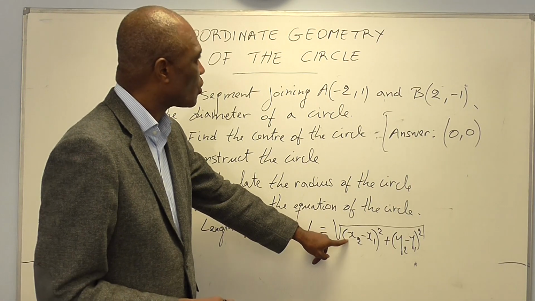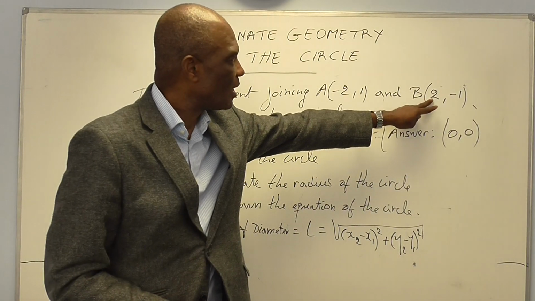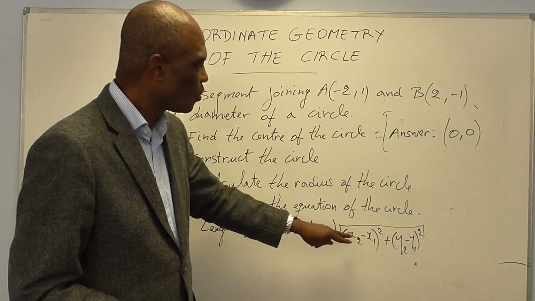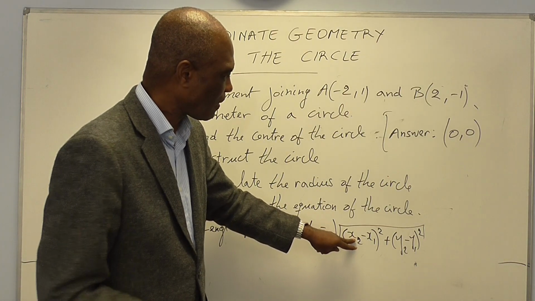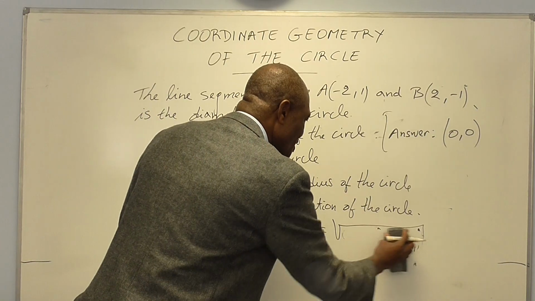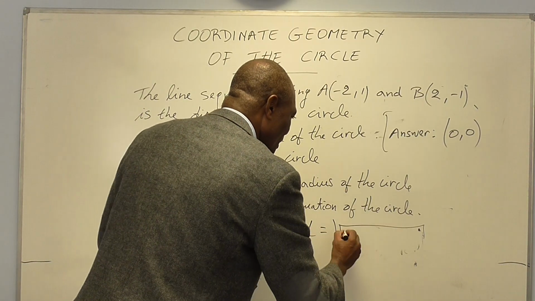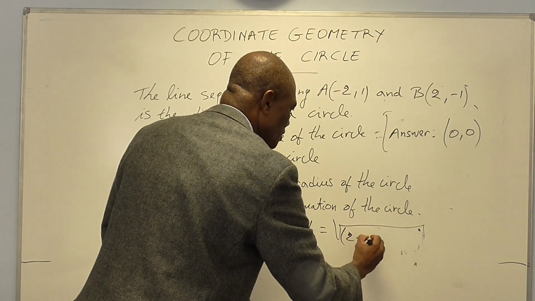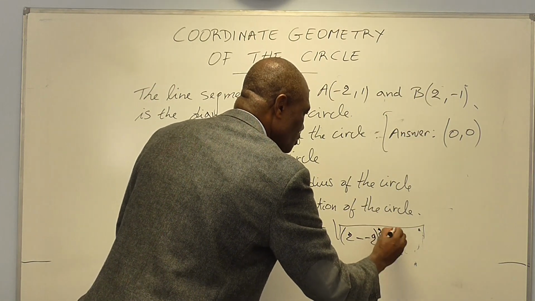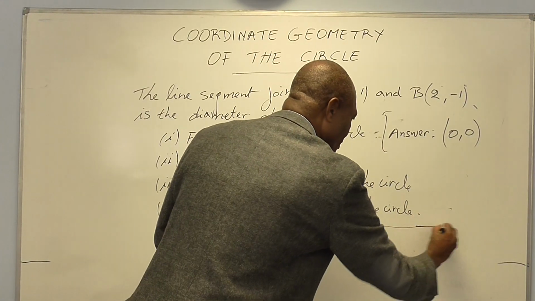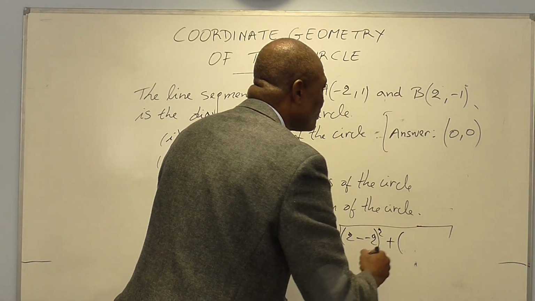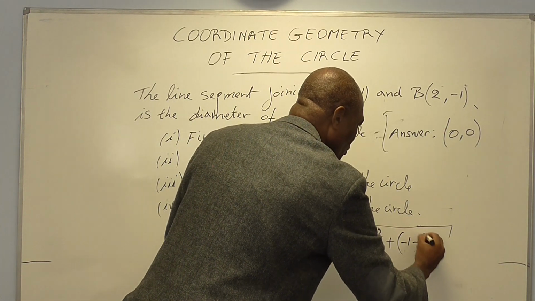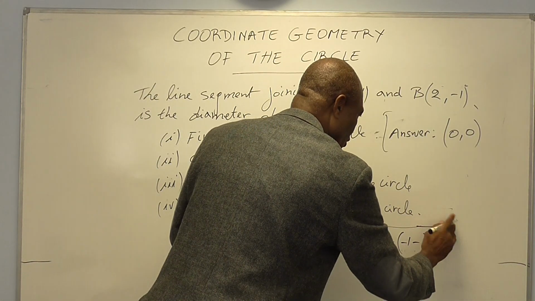So x2 is there, x1 is there. So we are going to write here: x2 is 2 minus 2, squared, plus minus 1 here, squared.